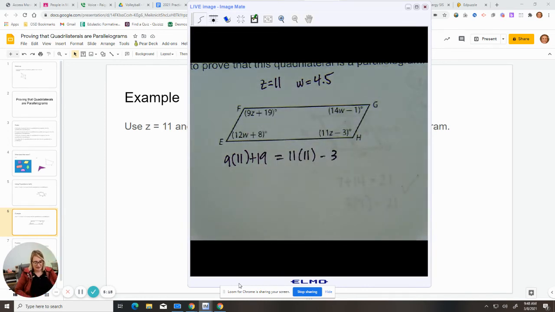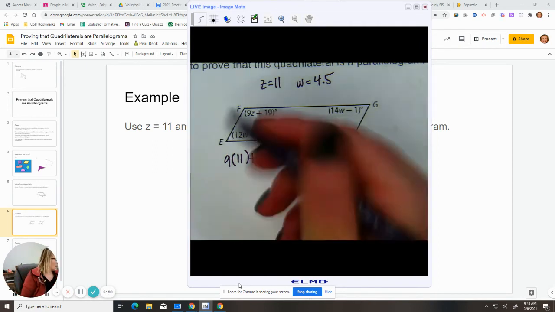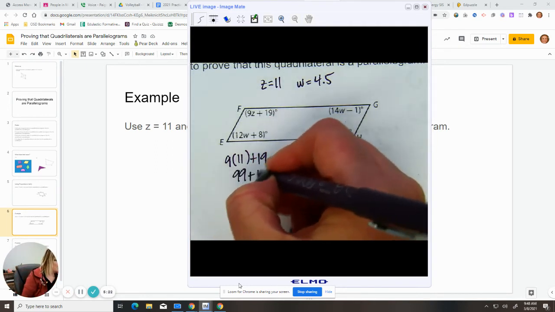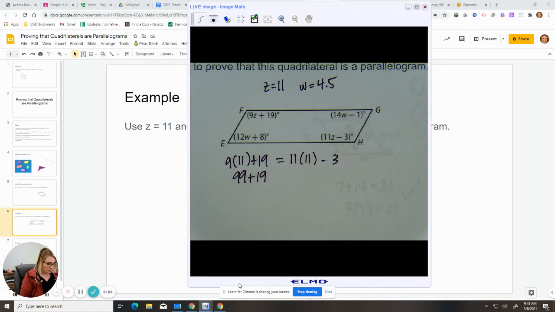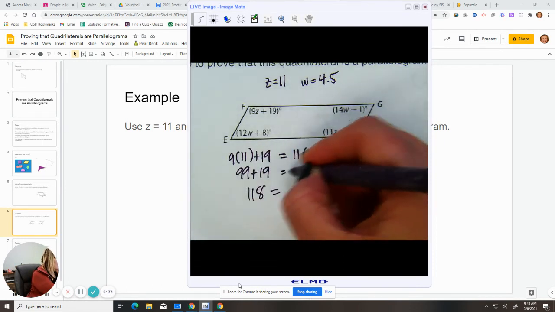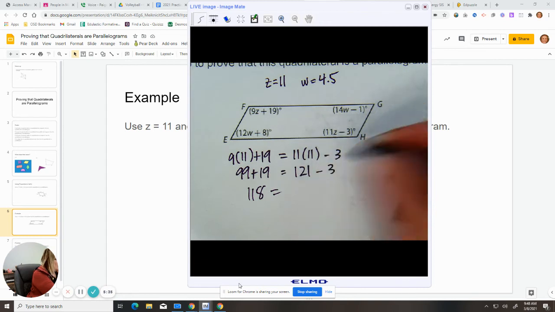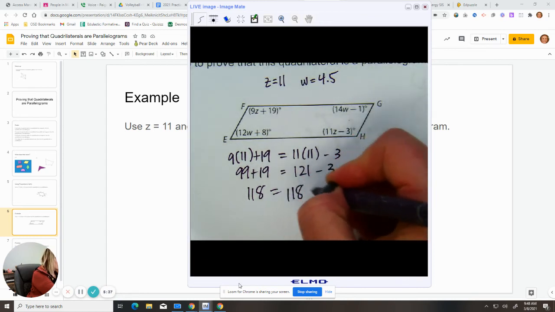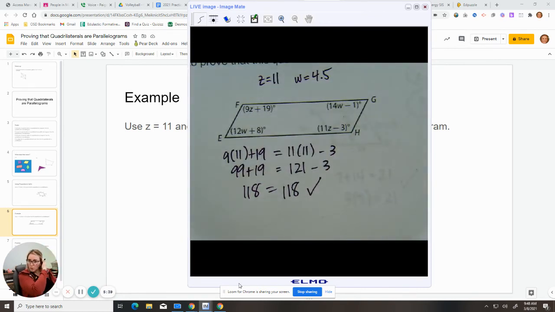So 9 times 11 is 99. 99 plus 19 is going to be 118. 11 times 11 is 121, minus 3 is 118. So that one works out for us.